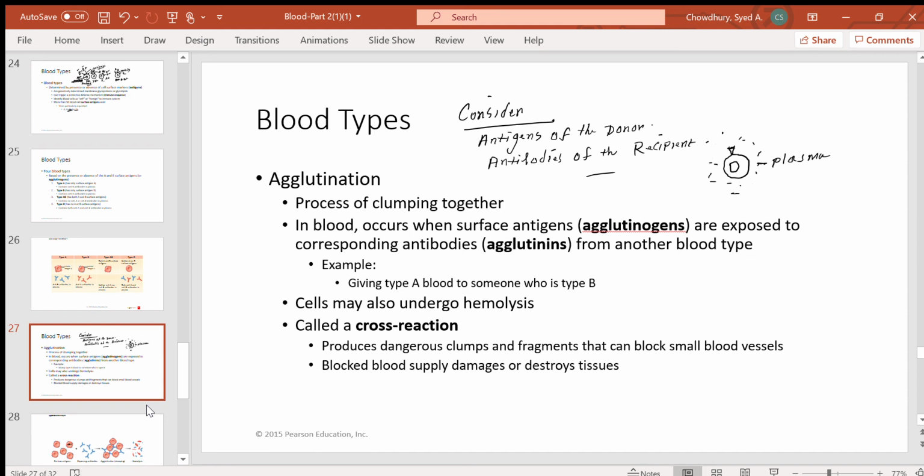Now you see on the surface of this person's red blood cell you have A antigen, right? So in the plasma the rule is the same type of antibody must be absent. So A antibody must be absent, otherwise they will react, right? A antigen, A antibody, they will bind with each other and destroy the red blood cell. So which type of antibody can be present? The opposite type, B antibody.